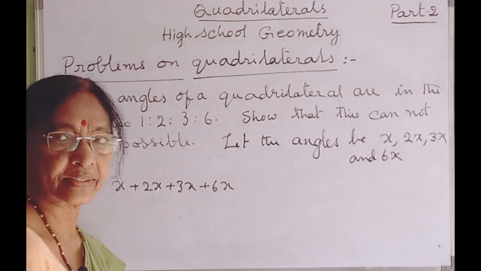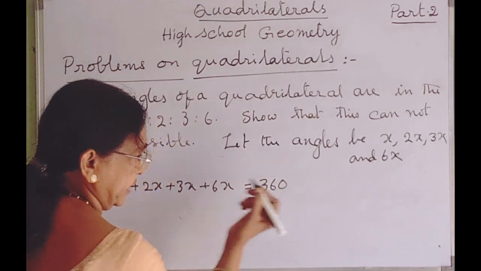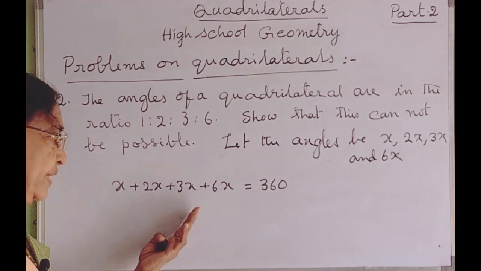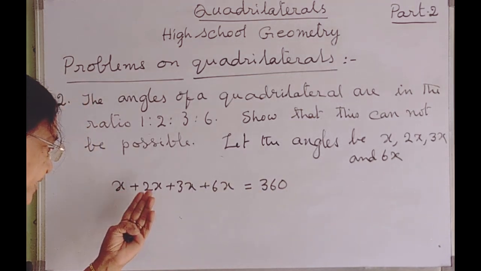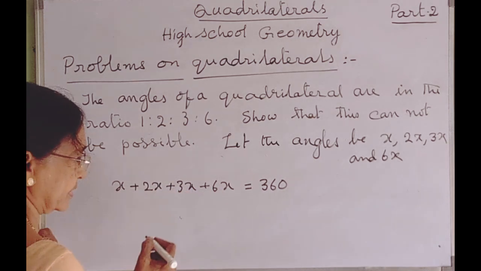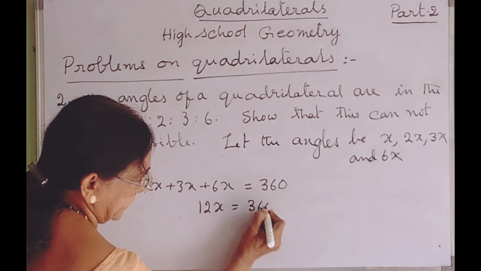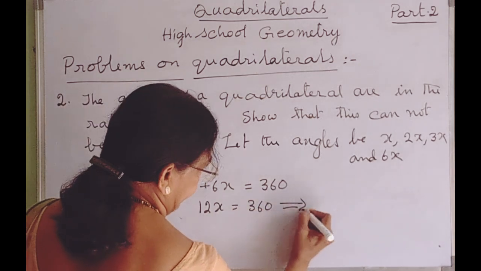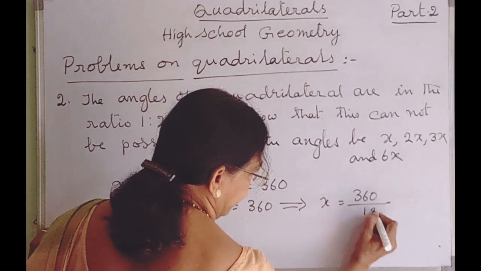Sum of the angles in a quadrilateral is equal to 360. Therefore, x plus 2x plus 3x plus 6x is equal to 360. x plus 2x is 3x, 3x plus 3x is 6x, 6x plus 6x is 12x. 12x is equal to 360, or x is equal to 360 divided by 12.